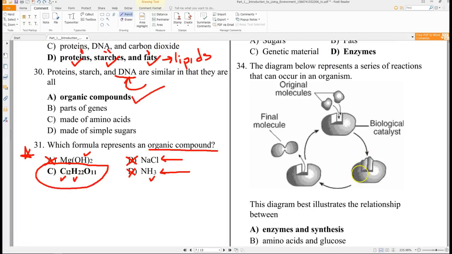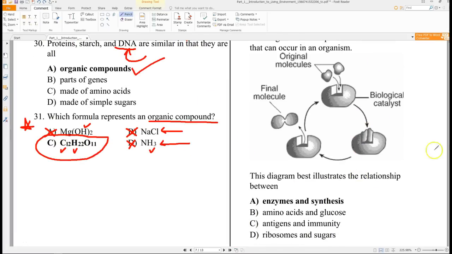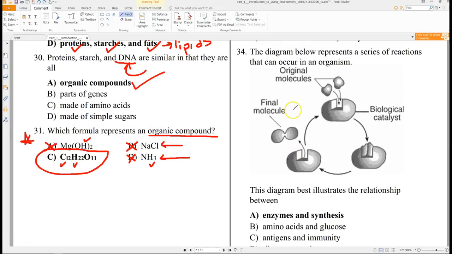Moving on. Okay, here we have a picture of some kind of reaction happening. Again, take it from the top. The diagram below represents a series of reactions that can occur in an organism. Original molecule. We have two molecules, molecule 1 and molecule 2.